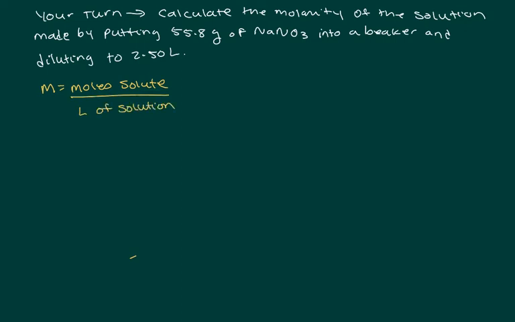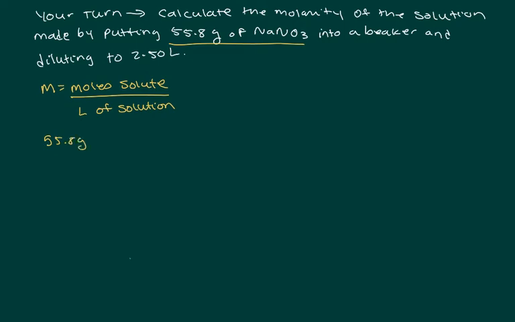And so here we need the moles of solute, and the solute is sodium nitrate, but we're given grams. So the first thing that we want to do is convert our grams into moles.